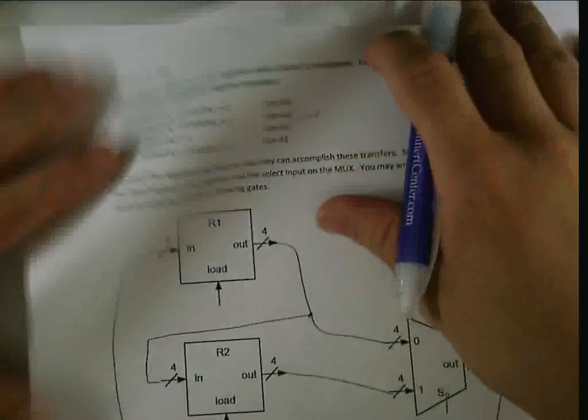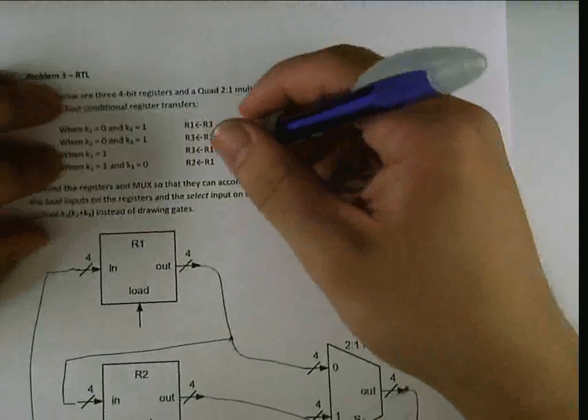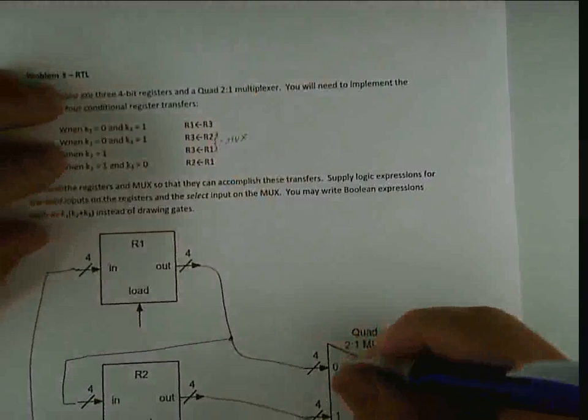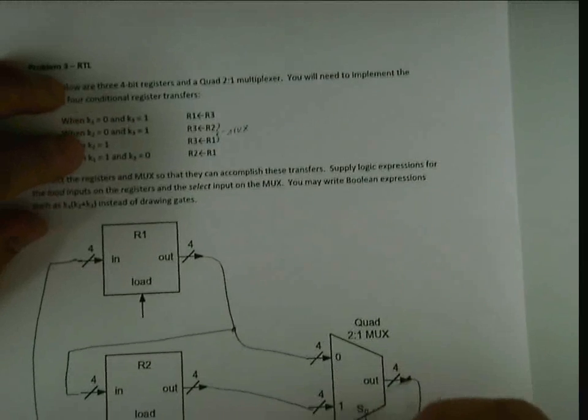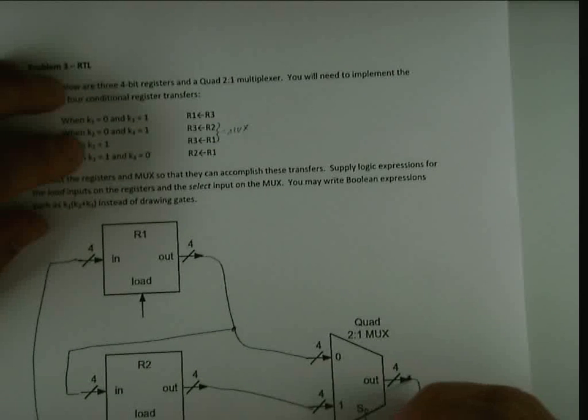Simple enough, I'd say. R1 is going into input 0, so I need K2 bar to get 0, and then when this is 0, this is going to get me 1, so that's done.